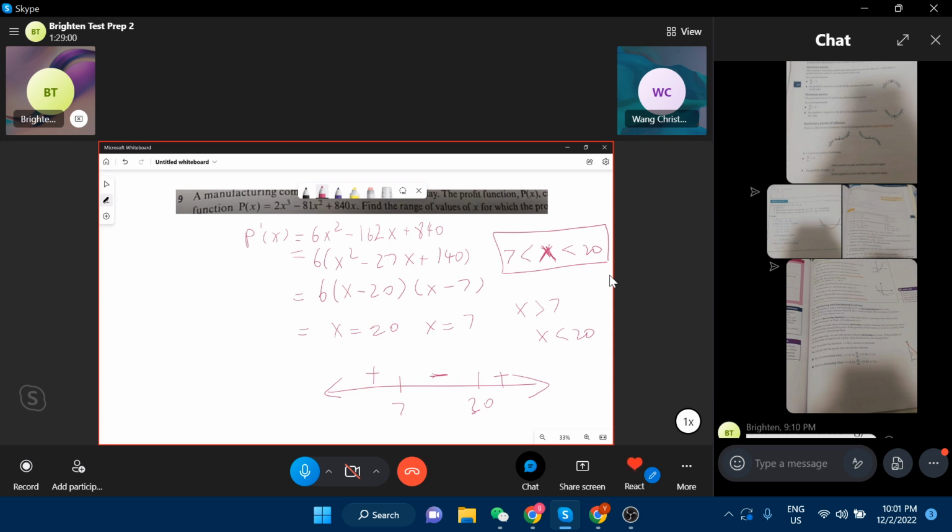So do I just write 7 smaller than x smaller than 20? No, no. If you look at my answer here, I put it in a rectangle. So x is greater than 7, but smaller than 20. So that's the final answer? That's the final answer because you're describing between 7 and 20. Make sense? Yeah. Okay, great.